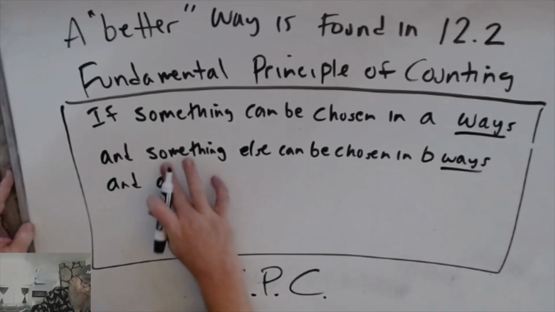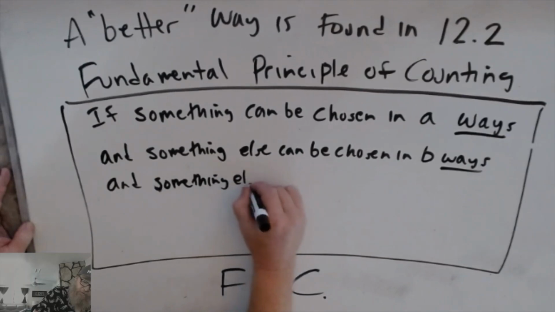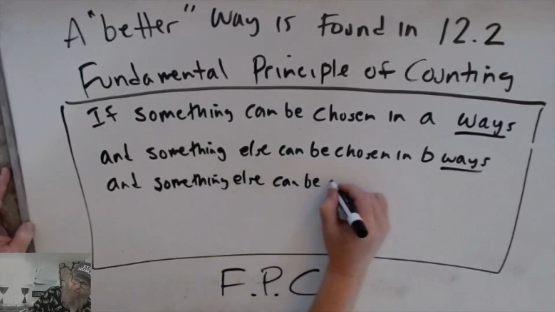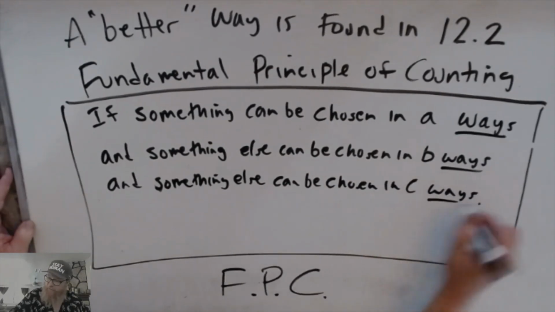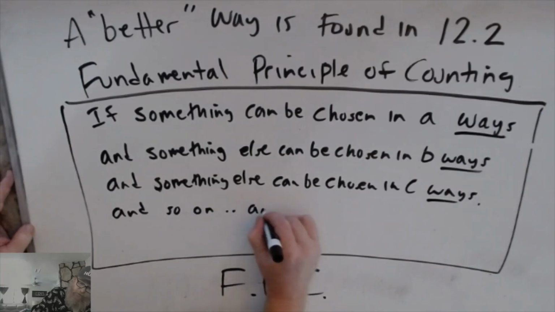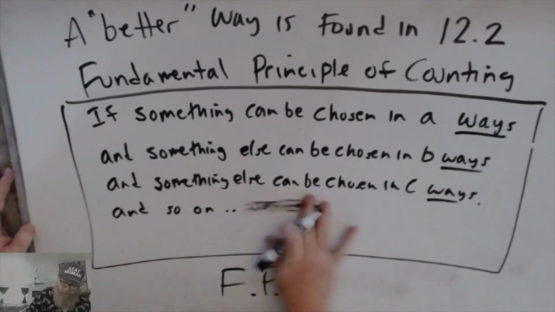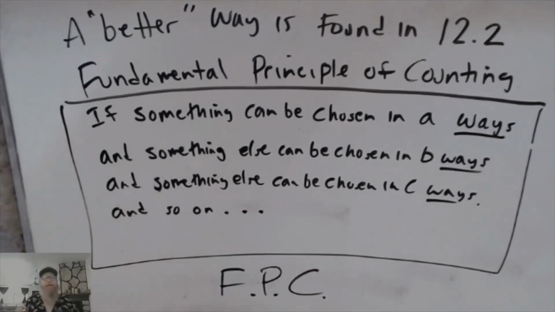and something else can be chosen in C ways, and so on and so on. I'm just going to say and so on one more time. Dot, dot, dot.